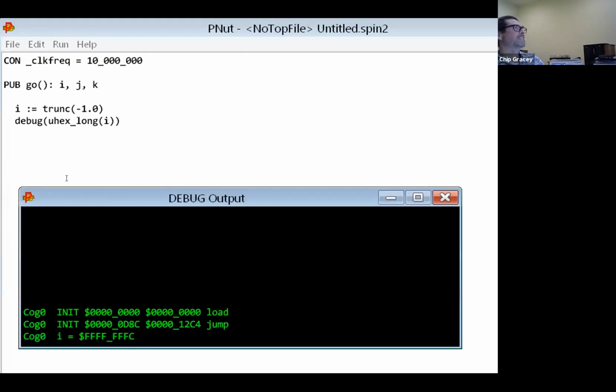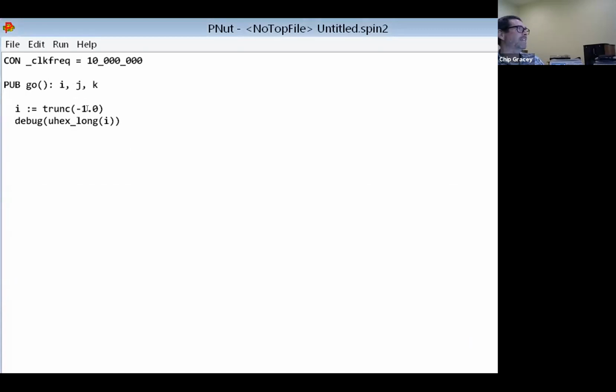And the reason is it did an integer negation on the float value. Why doesn't the parser know it's a float value? Because all it knows is it's 32 bits and here's the value. It doesn't know the type at all.